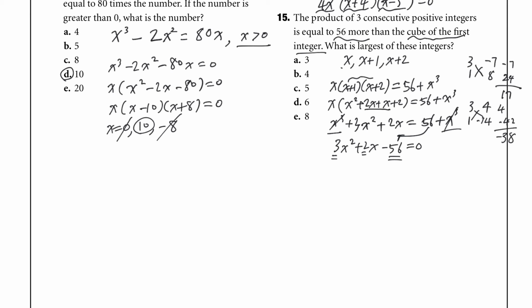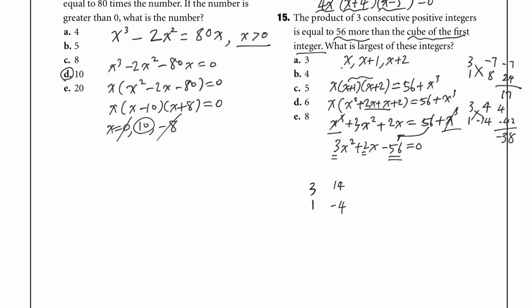So let's try 3, 1. And what two numbers multiply to give you negative 56? Actually, I like this pair, 4 and negative 14, but let's just switch the order. So instead of 4 on top, let's put 14 on top and negative 4 on the bottom.